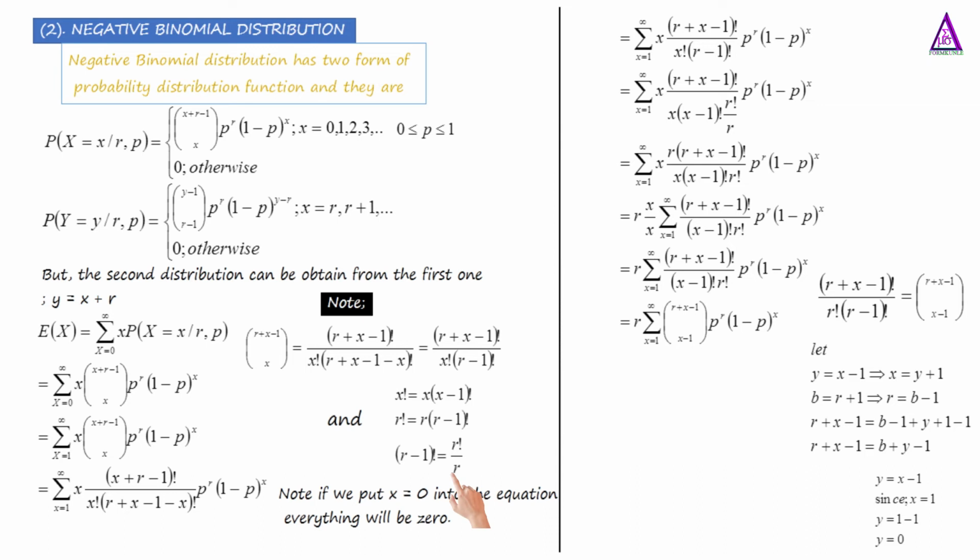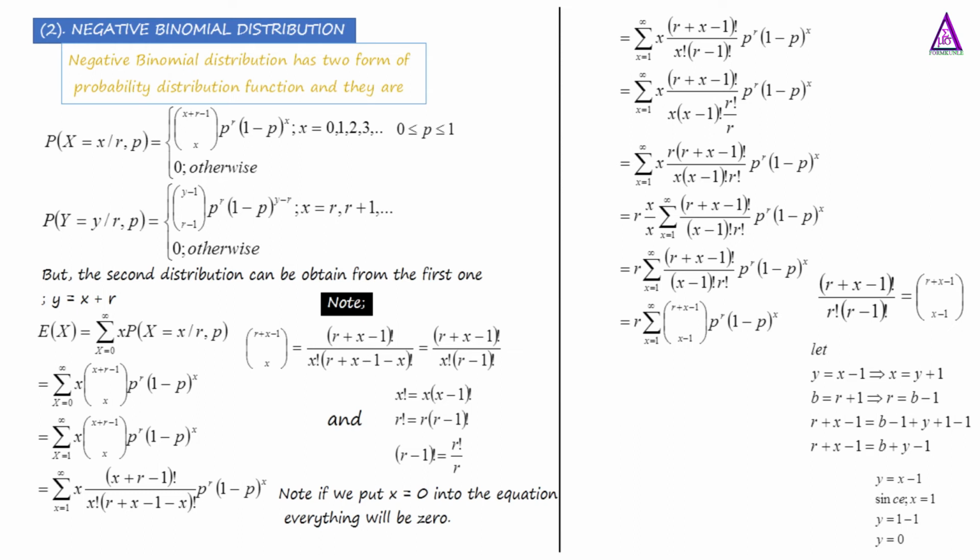And if we look at this place, we say that (r − 1)! equals r! divided by r. So therefore we substitute that into equation 6. And we substitute x! to be equal to x (x − 1)! into equation 6 also.